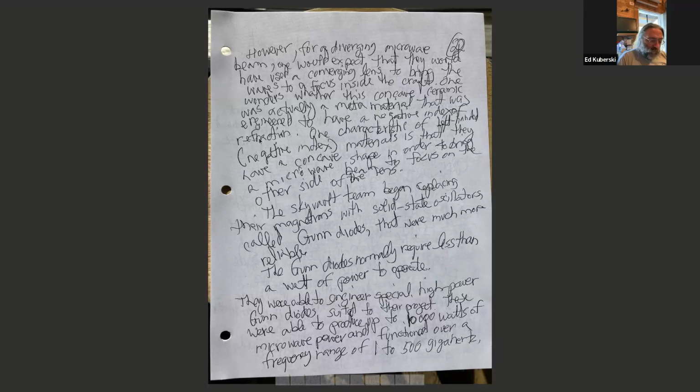Very, very important. And this next thing is ultra important again, too. One characteristic of left-handed negative index materials is that they have a concave shape in order to bring a microwave beam to focus on the other side of the lens.